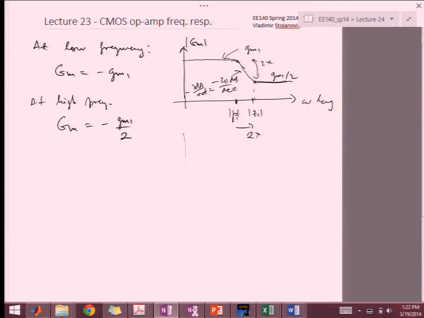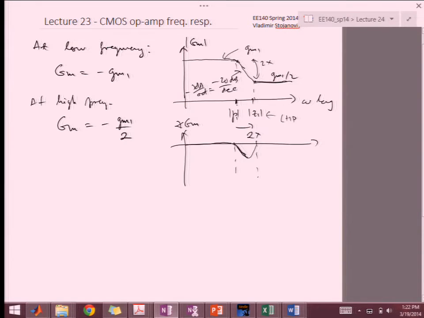Of course, if you look at the phase, the phase is going to be 0 up until here. And then here it's just going to start going down because of the pole. But then because this is a left half plane zero, it will start going back up.